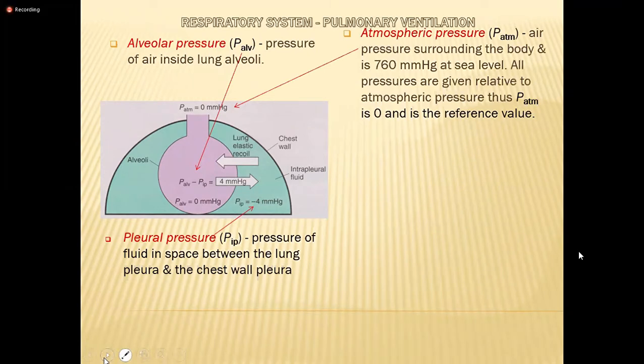The atmospheric pressure surrounding the body at sea level is 760 millimeters of mercury. This is considered the reference value, 0 millimeters of mercury.